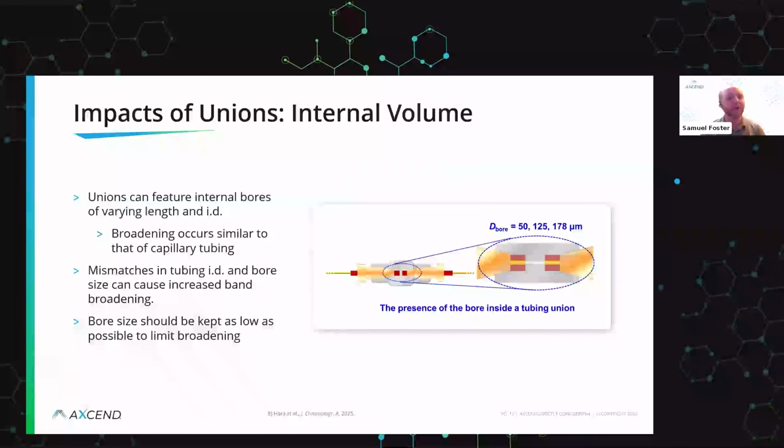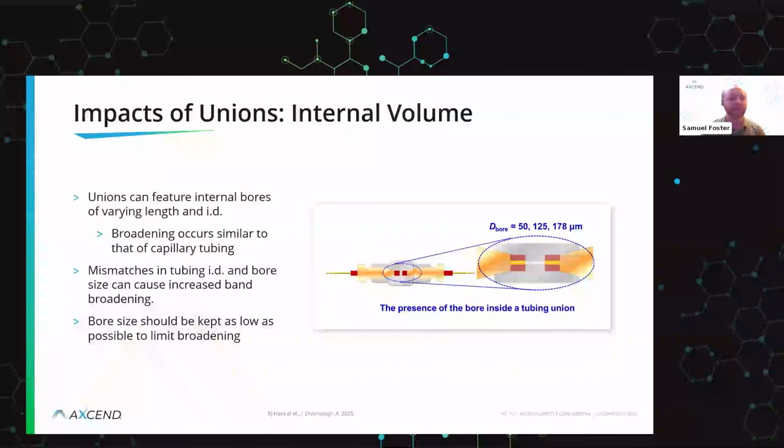And so even though it's possible to go to reduced bore size compared to your tubing inner diameter, it may not always be the best for your chromatography. So it's something to consider when you're working with these unions, that you want to ensure that it has as stable or straight a path as possible.